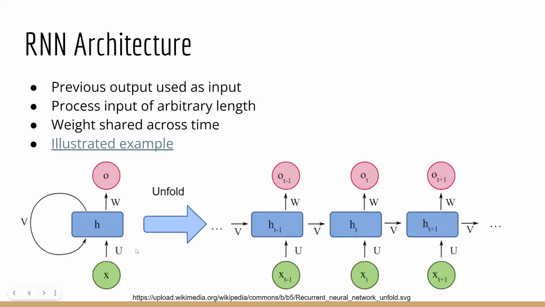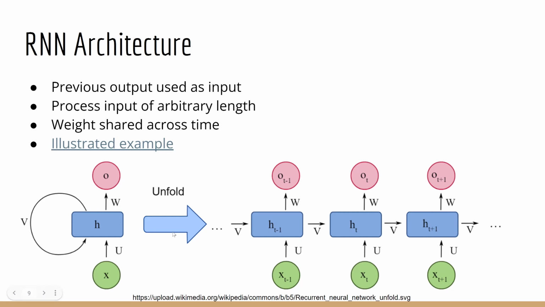Because of the way this is designed, you can see why this is good for processing sequences. First, sometimes you don't know how long a sequence could be. It could be arbitrary, so this is good for that.